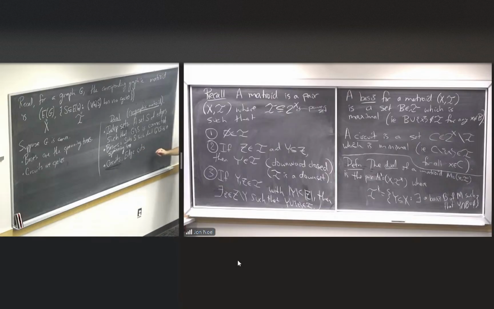So a circuit would be a set S of edges obtained by partitioning the vertices into sets, let's say A and B, and taking all the edges from A to B.